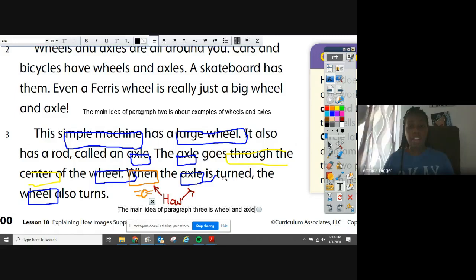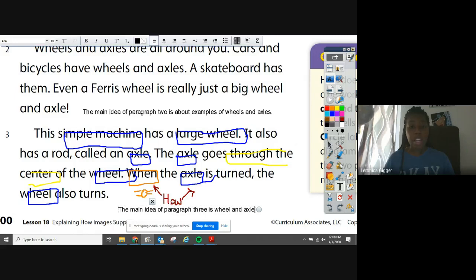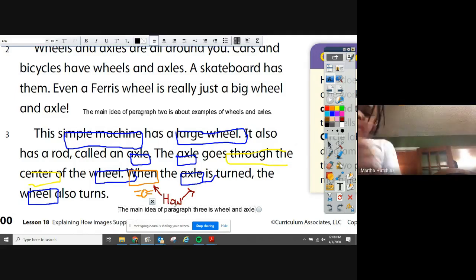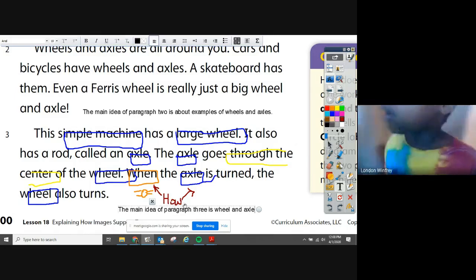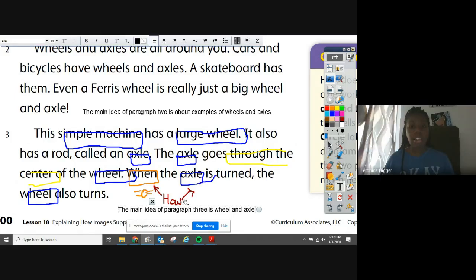All right, so thank you, Cameron. This word right here cannot be "moving," and this word cannot be "moved." All right, there we go. So how do we say that? That's telling me what that word right here said? This sentence tells us what about the wheel and axle, Cameron?